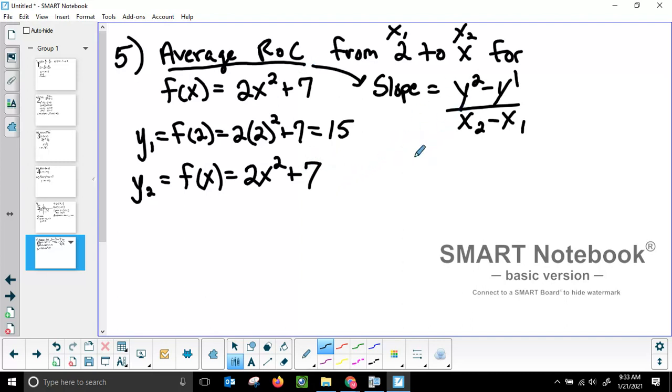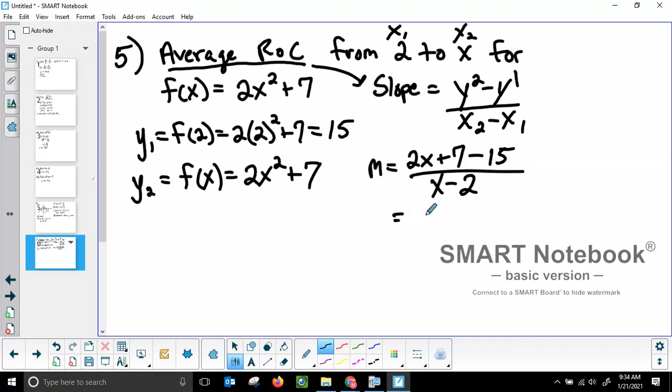Okay, so now plugging that in over here, we're going to get 2x plus 7 minus my y1, which is 15, over x2, which is x, minus x1, which is 2.